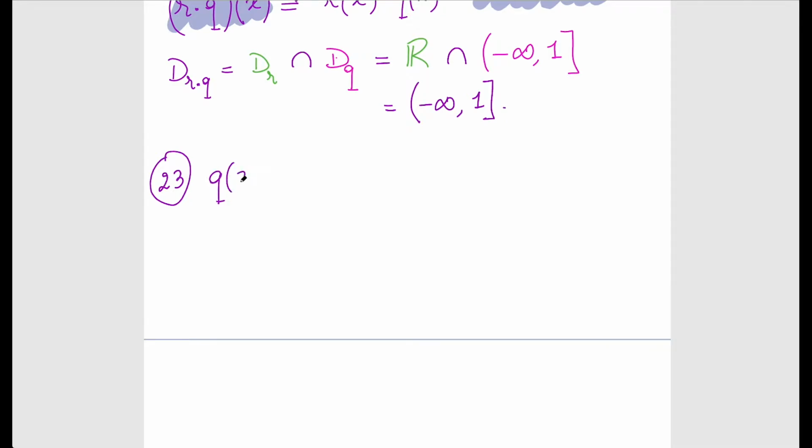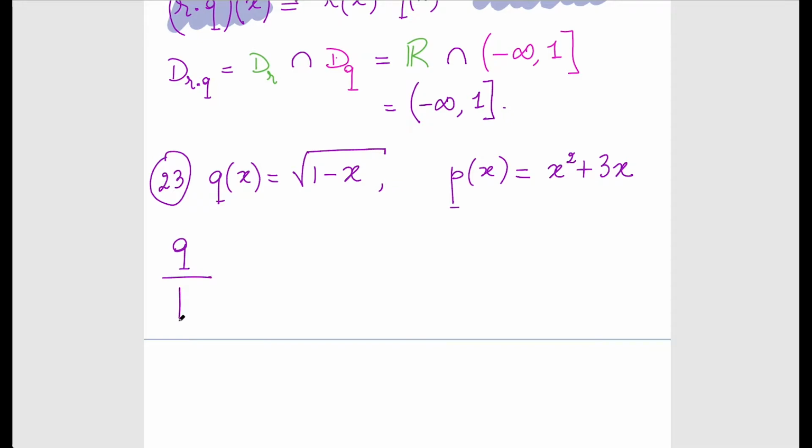Q of x is the square root of 1 minus x. And P of x is given to be x squared plus 3x. And the question is, find Q over P acting at x, this quotient function acting at x.